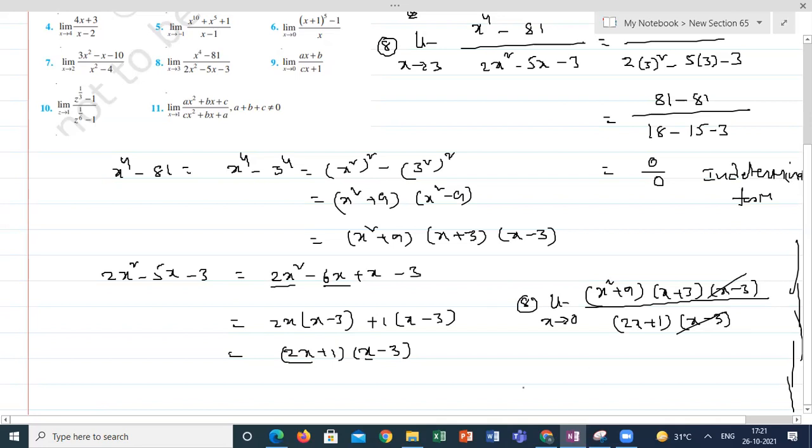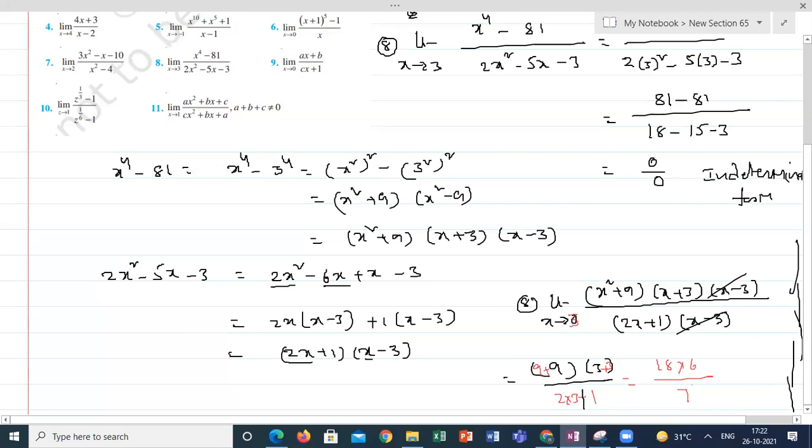The x minus 3 cancels. Now substituting x tends to 3: 9 plus 9, here 3 plus 3, divided by 2 into 3 plus 1. So 18 into 6 divided by 7.